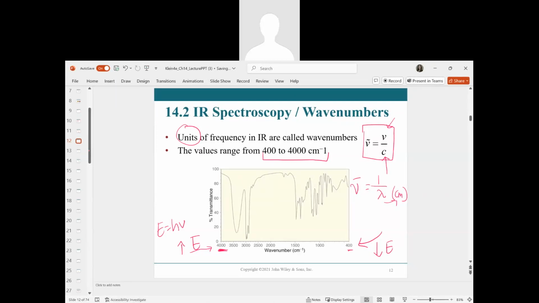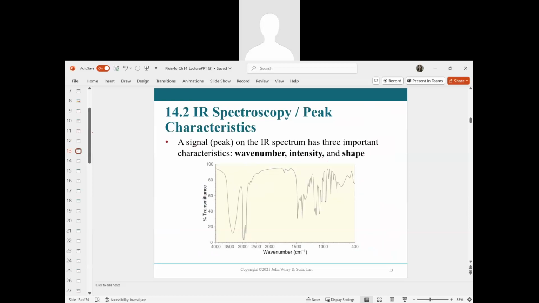So again, depending on the type of bond present, we will see this type of image and the percent transmittance shown in different regions. So what other characteristics are shown in this spectrogram here? We have not only wave number, which is given on this scale on the bottom. We also have the concept of intensity.